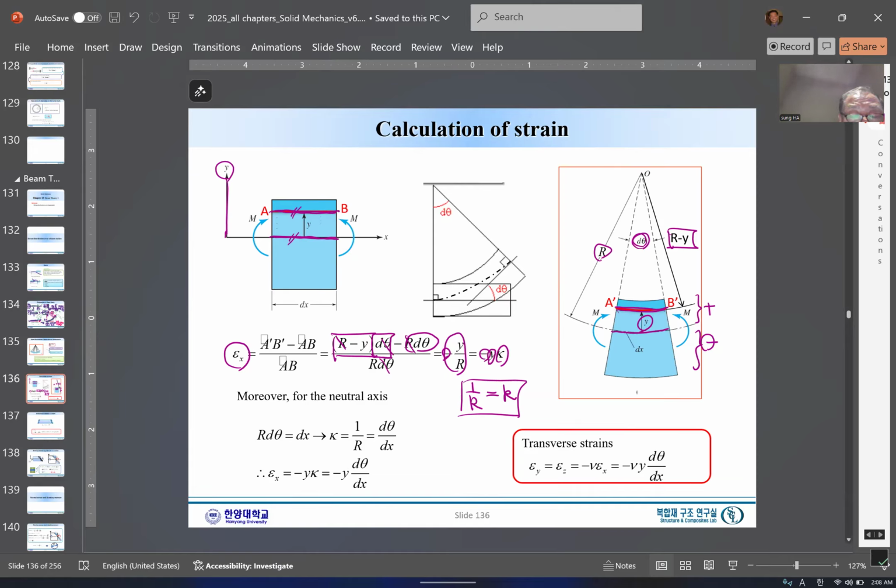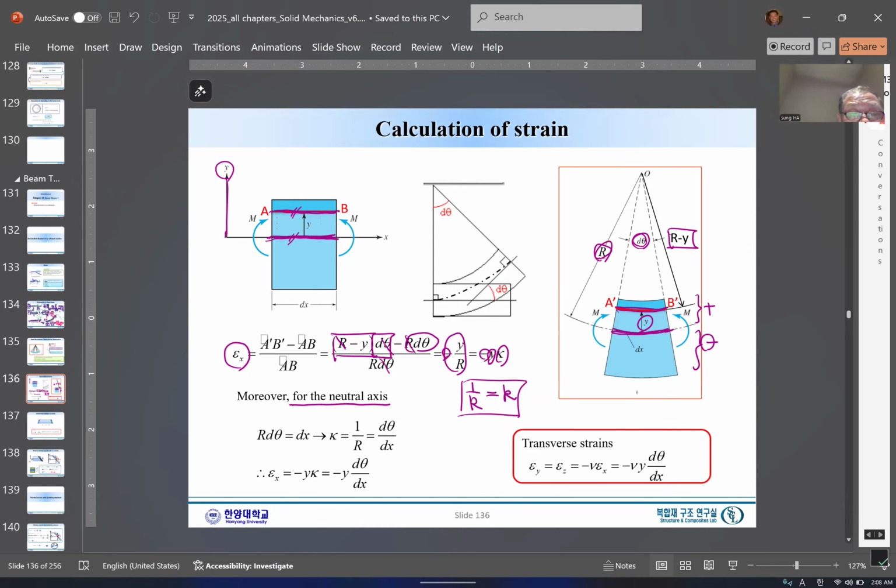Now, very importantly, the neutral axis, R d theta, is this one. And actually, this R d theta is assumed to be the same as this one.